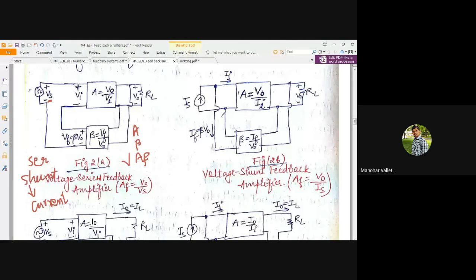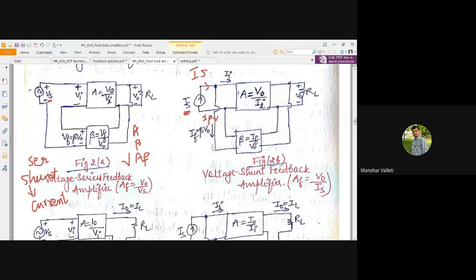But you want to mix the feedback signal in shunt with the input. As it is shunt, we consider the current source. Just see here: the source current is Is, the effective input current flowing to the amplifier is Ii, and the feedback current is If.